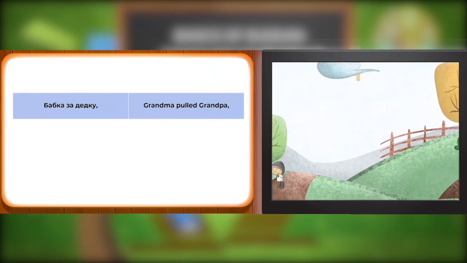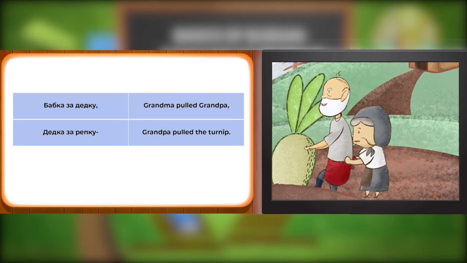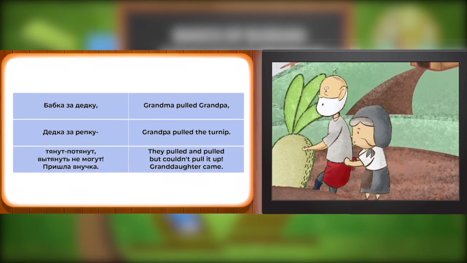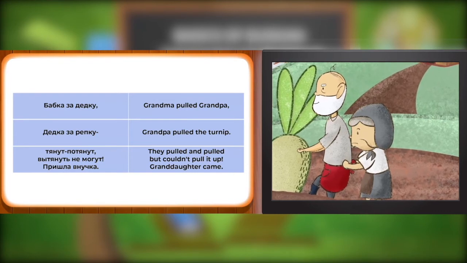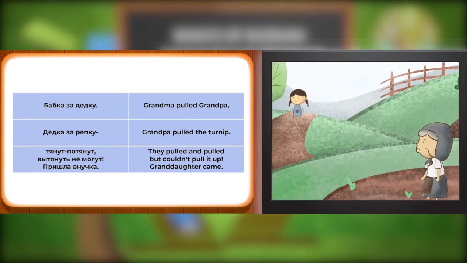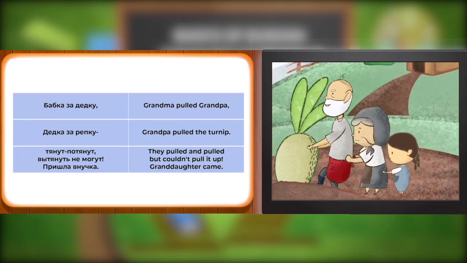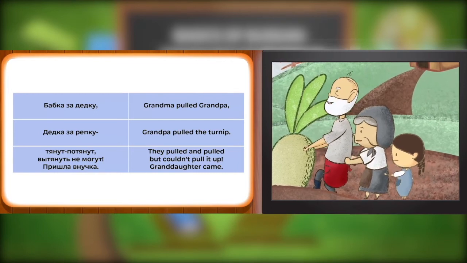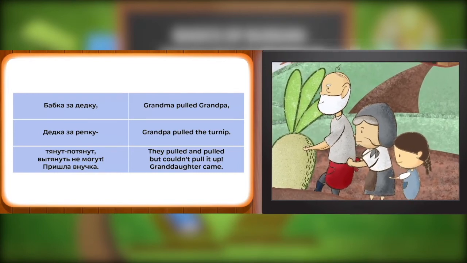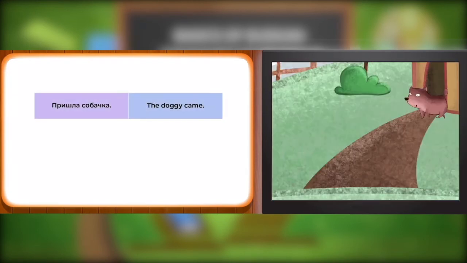Grandma pulled Grandpa, Grandpa pulled the turnip. They pulled and pulled but could not pull it up. Granddaughter came. Granddaughter pulled Grandma, Grandma pulled Grandpa, Grandpa pulled the turnip. They pulled and pulled but could not pull it up. The doggy came.